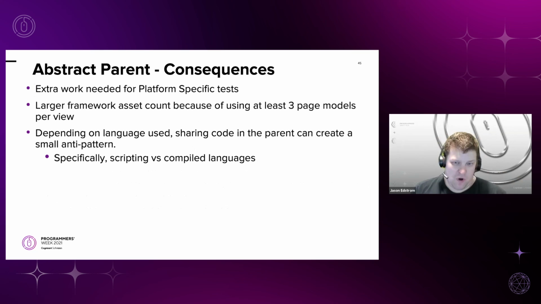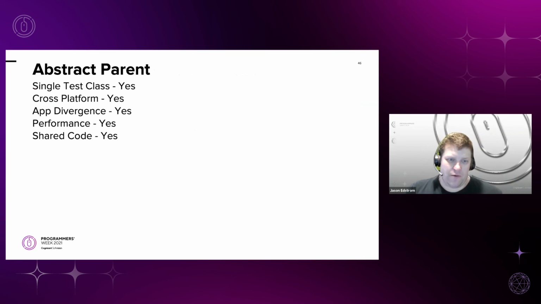We're not exactly working with the old hard drive size of 4 gigs being the most you're getting in a hard drive, so we're lucky there. And depending on the language you use, sharing code in the parent can create a small anti-pattern. A lot of times when I see that problem, it's specifically scripting and compiled languages.